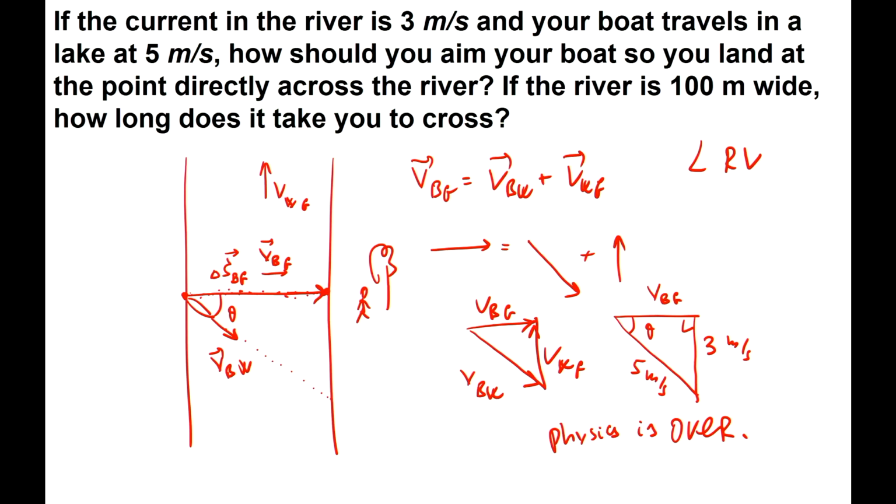We have to make a transition from physics to vectors to geometry. If we do it right, the rest is writing equations and plugging in numbers, Pythagorean theorem, angle, etc.